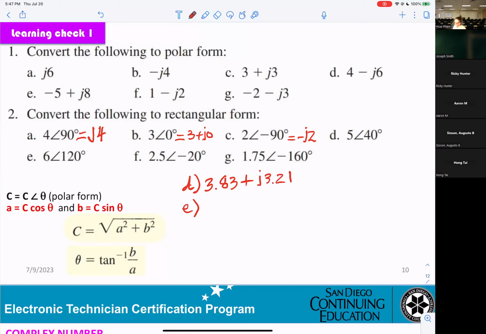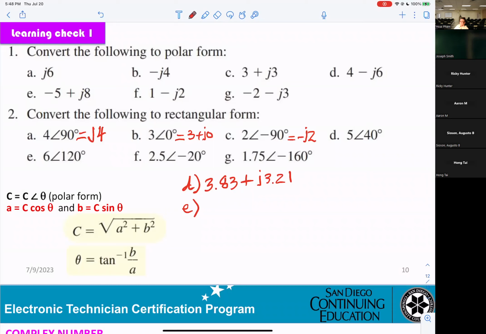E. So you got cosine. Oh, E. 1, 2, 3, 4, 5, 6.